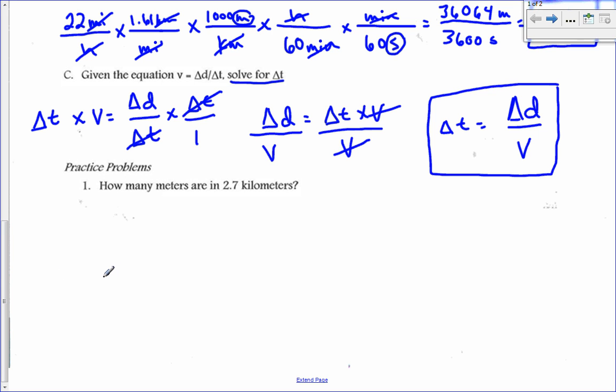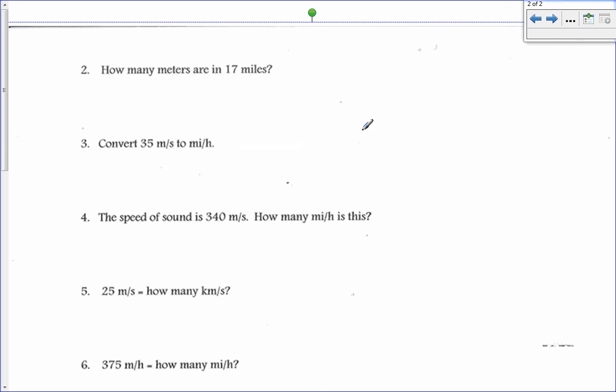Number 1 is just like example A. That should be pretty simple for you. Number 2, also start with what you're given. Set it up in fraction form. Number 3 sometimes gives students problems because our unit is a little different.